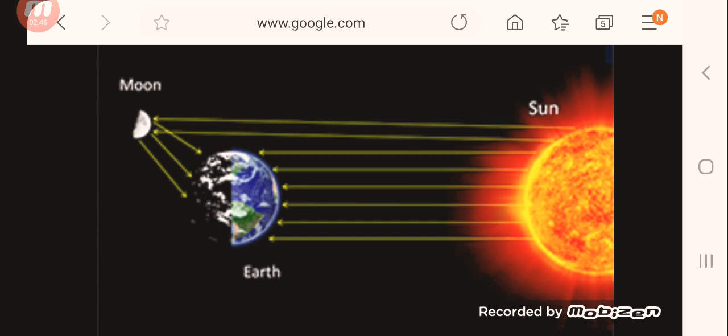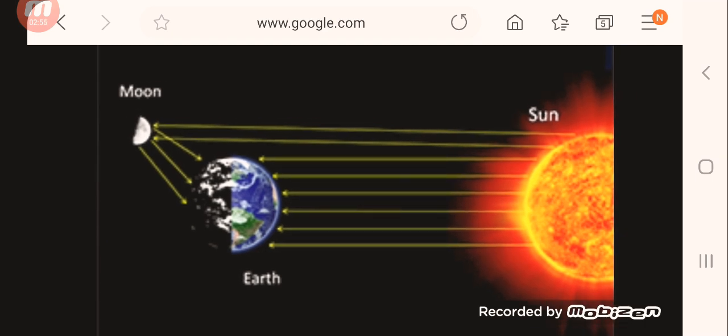We have the sun that sends straight and parallel rays that hits the surface of the moon, and from the spherical moon the reflected light should lit up the whole side of the Earth that is facing towards the moon.